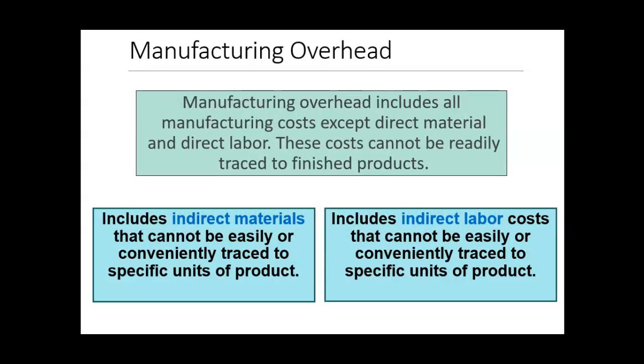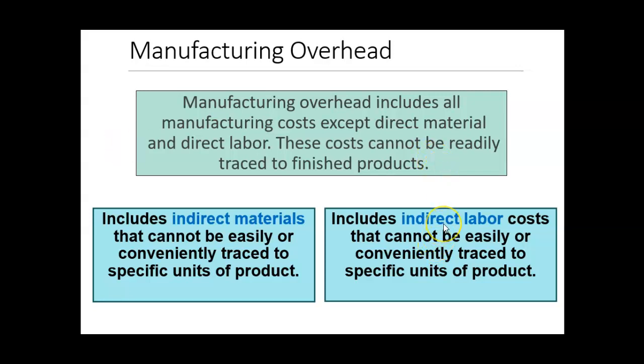Now with manufacturing overhead, this would be all the costs incurred except for direct material and direct labor. So any cost to produce a product that's not direct labor or direct material goes into a category known as manufacturing overhead. So when you think about indirect materials, again, we talked about the nuts, the screws, the bolts, the different types of oils that are put into an actual automobile; those will be examples of indirect material.